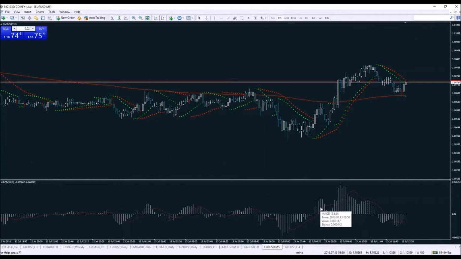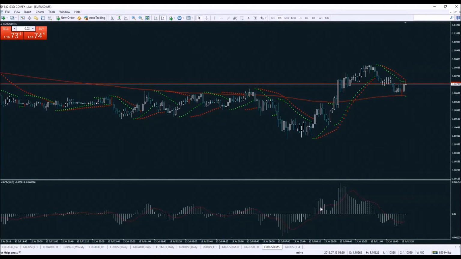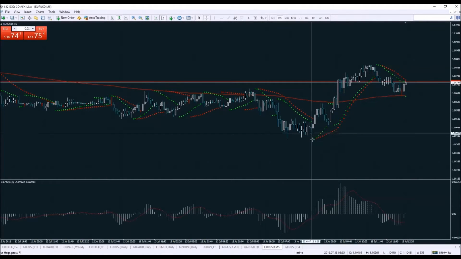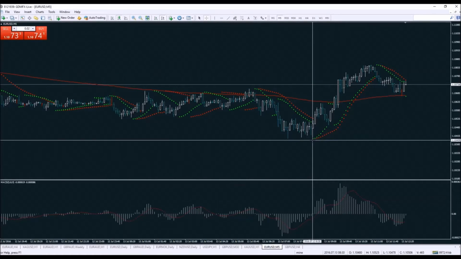We spoke about a few other ways to take profits, a few other ways to set stop losses. Also, here I actually forgot to mention, if you're using these histograms on the MACD as a further reassurance of direction and strength, you can also use pretty much the same method of about 12 to 15 pips of stop loss.